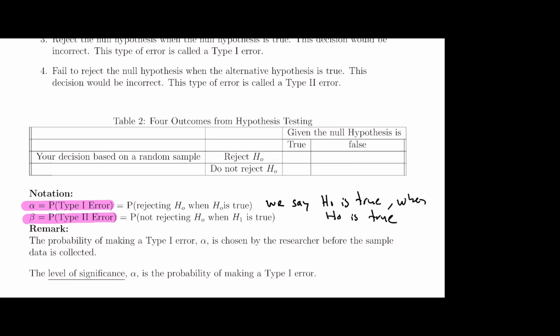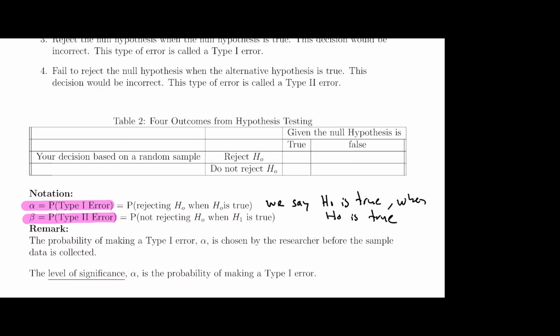So that is a type 2 error: you conclude the null hypothesis is correct, but in fact the alternative hypothesis was true. Remember, this is just saying we made a mistake. Our conclusion was the wrong conclusion. We should have reached the other conclusion.